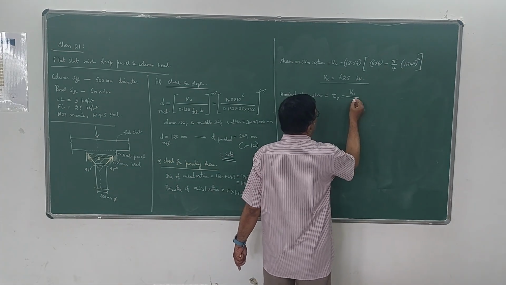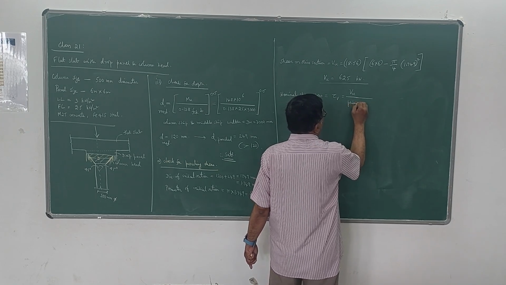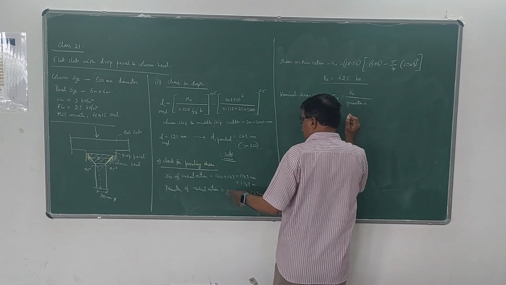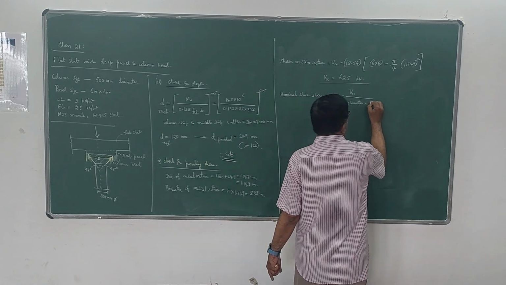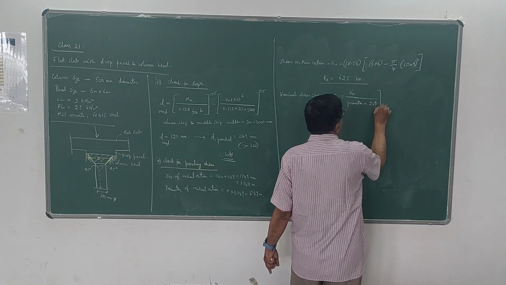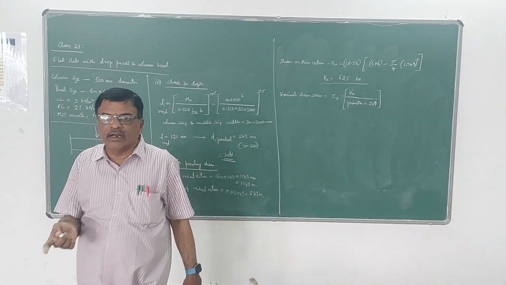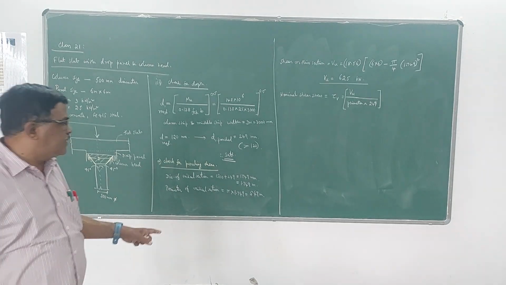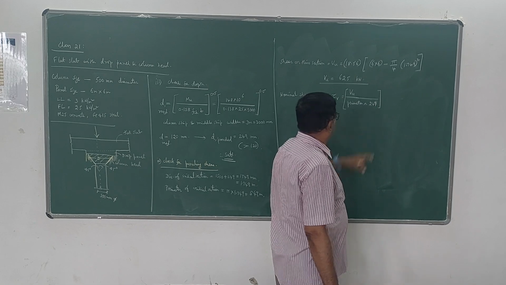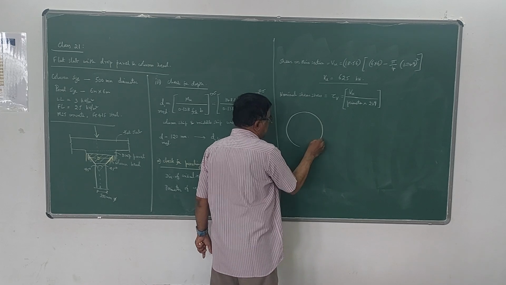Here the depth is 249, which is the width, because it is treated as a rectangle. So circular, if you convert to rectangle, for the circumference we have to multiply it by that 249.